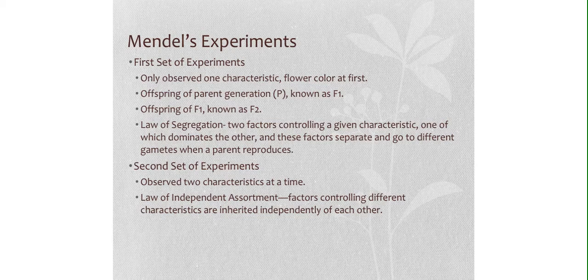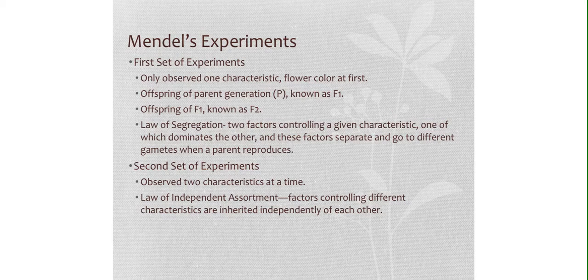Now, the second set of experiments that Mendel did, he decided he was going to look at 2 characteristics at a time, because what he wanted to know was, is it more likely for you to get certain characteristics in conjunction with one another? So, for example, are purple flowers always tall, or are they always short? Are white flowers always tall or always short? So he ended up crossing. Again, here's where he controlled everything. He crossed certain characteristics with certain characteristics.